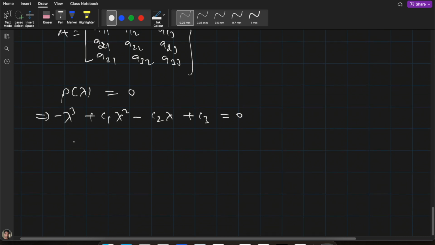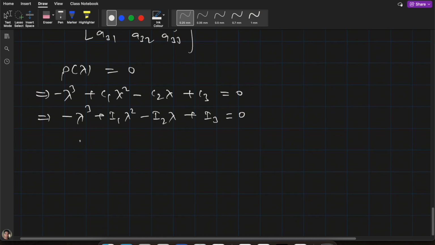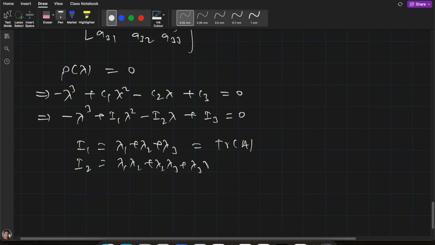Now in many textbooks, people usually write c1 as I1, c2 as I2, and c3 as I3. And here I1 is lambda 1 plus lambda 2 plus lambda 3, that is the trace of matrix A. I2 will be lambda 1 lambda 2 plus lambda 2 lambda 3 plus lambda 3 lambda 1.